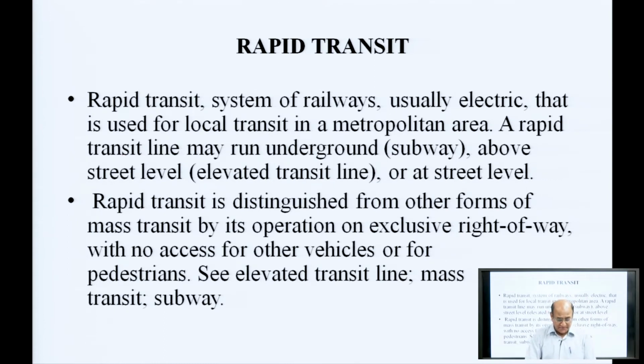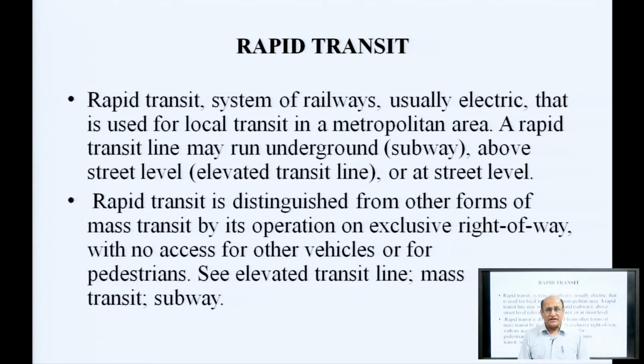Rapid transit is a railway system, usually electric, that is used for local transit in metropolitan areas. A rapid transit line may run underground as a subway, above street level as an elevated transit line, or at street level.